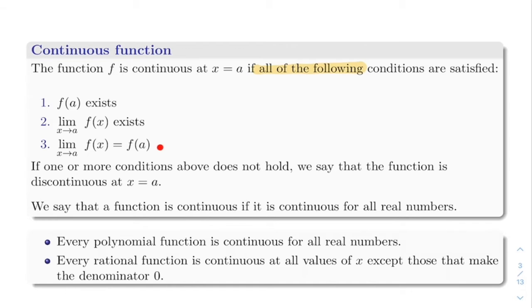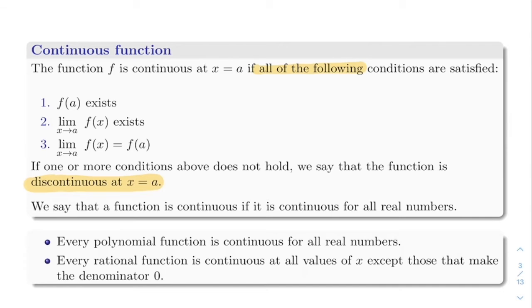And the third one is that these two values are the same. So remember that we saw some functions where the limit might not be the same as the value of the function. To be continuous, those two values have to be the same. If any of these conditions fails to be true, then we say that the function is discontinuous at x equals a.